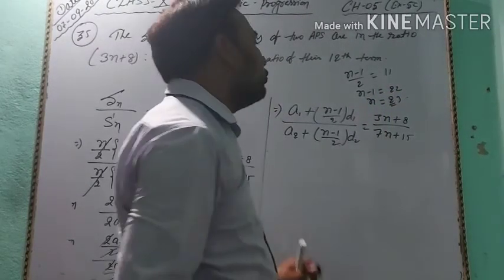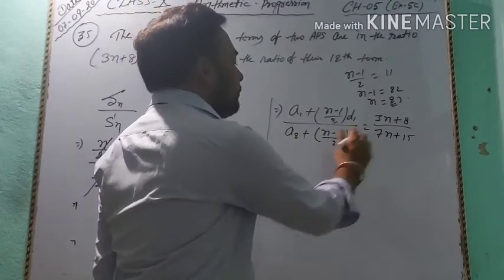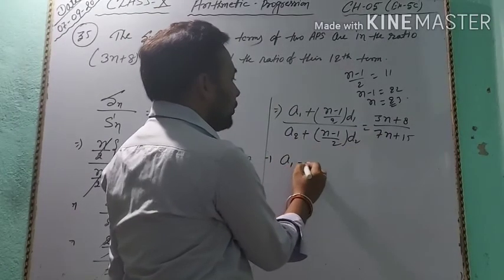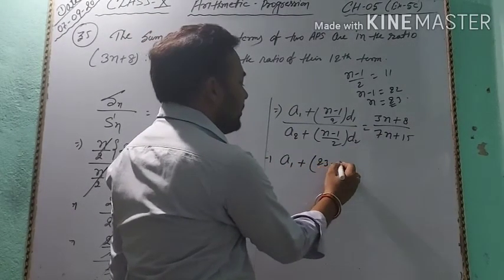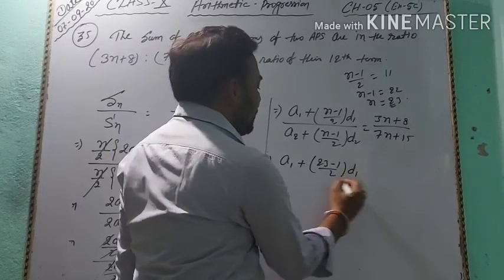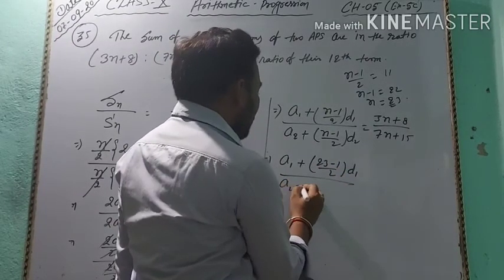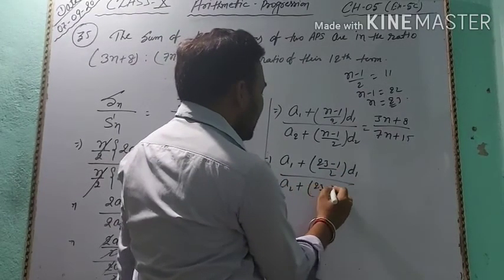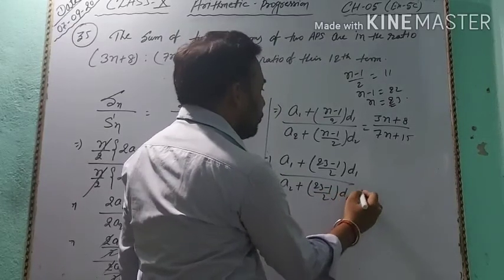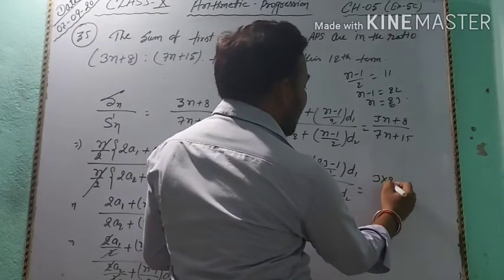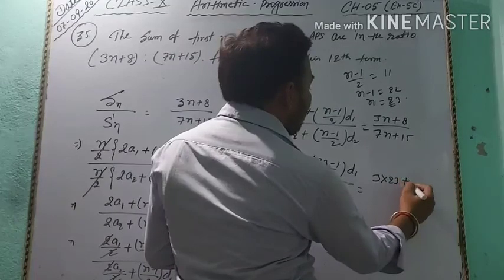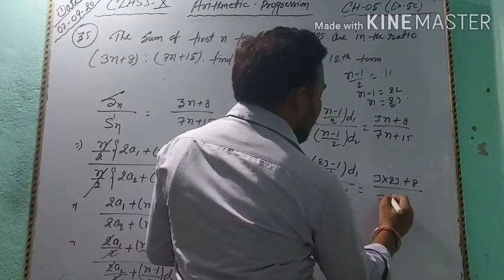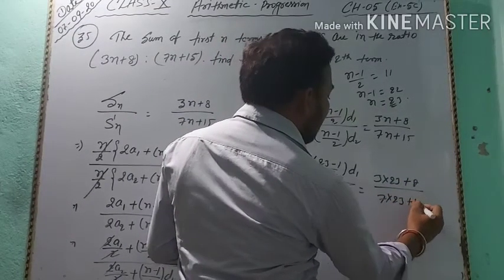So put the value n equals 23 on both sides. Students, a1 plus 23 minus 1 by 2 d1, divided by a2 plus 23 minus 1 by 2 d2, equals 3 multiplied by 23 plus 8 by 7 multiplied by 23 plus 15.